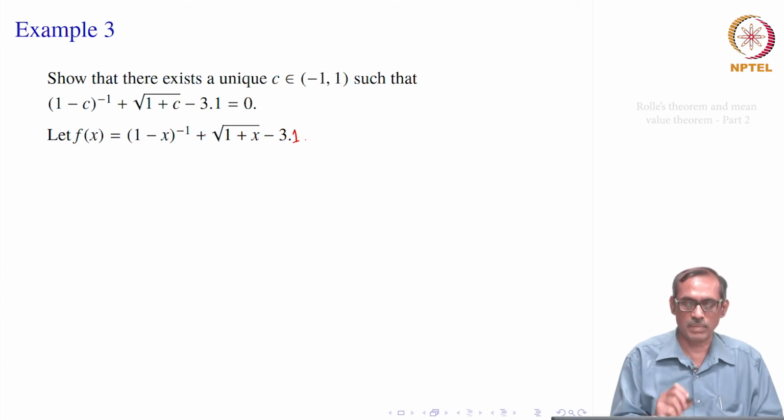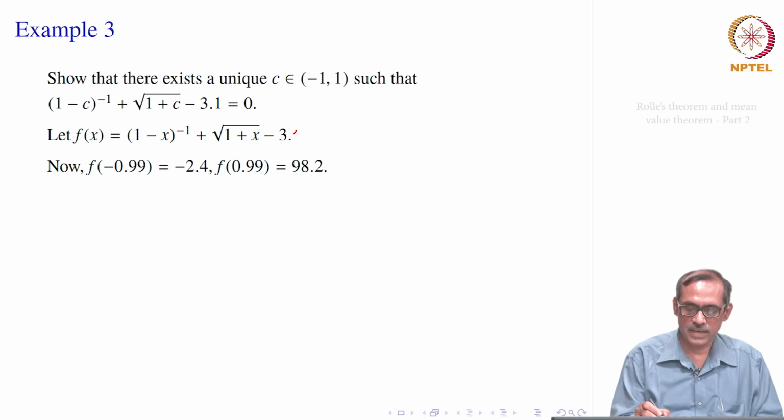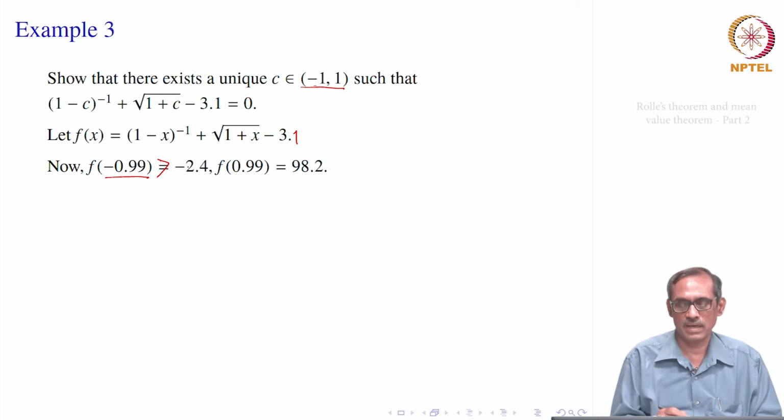Now, if I take a point say minus 0.99, which is inside -1 to 1, and we compute what is f of minus 0.99, we would get something like it is greater than minus 2.4. It will not be exactly equal, greater than say minus 2.4.